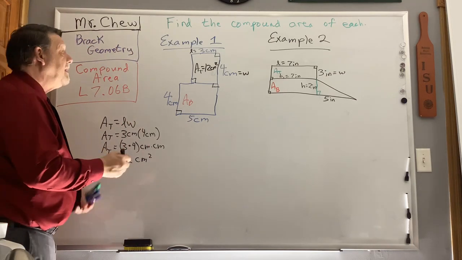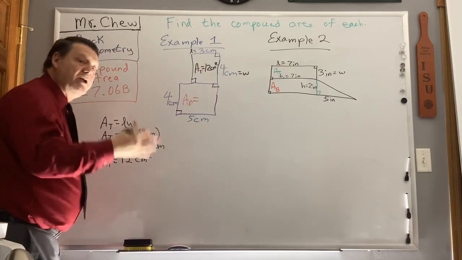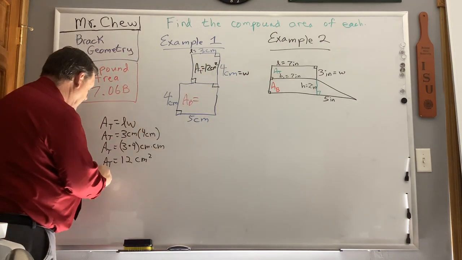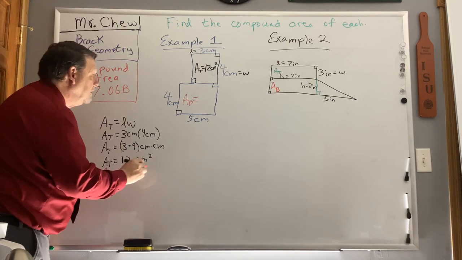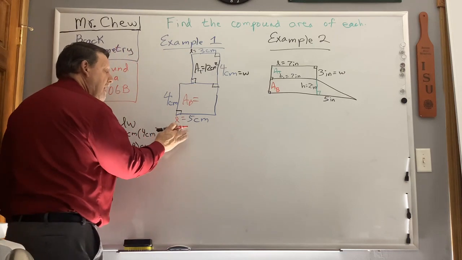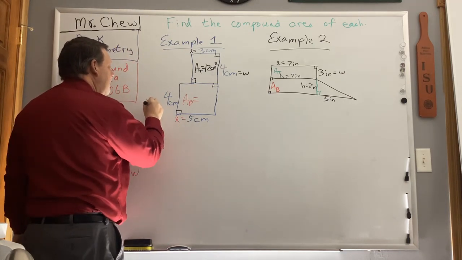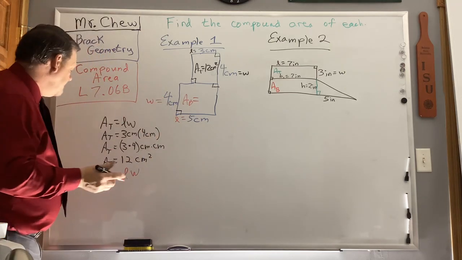Now we can find the area of this rectangle, add them together to get my compound area, which is what you do. So the area of the bottom is still length times width. Well, my length is going to be my 5 centimeters, and I use the cursive lowercase l so that it doesn't look like a 1.